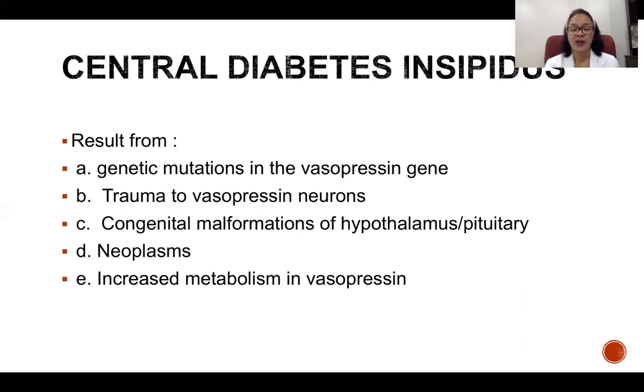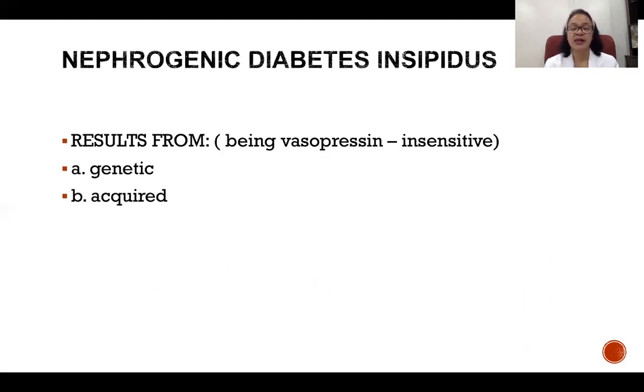And when we talk about nephrogenic diabetes insipidus, this can occur when the kidneys do not respond properly to vasopressin. Okay, so this nephrogenic diabetes insipidus would result from the failure of the kidneys to concentrate the urine.